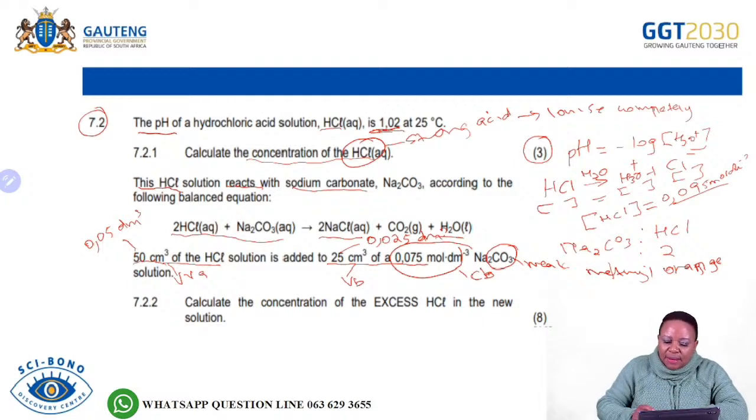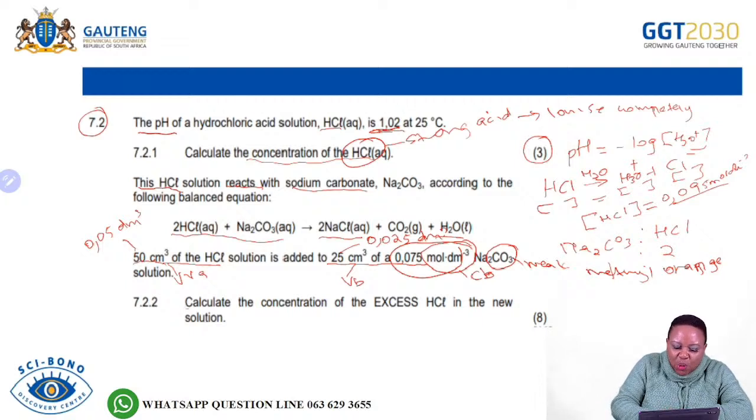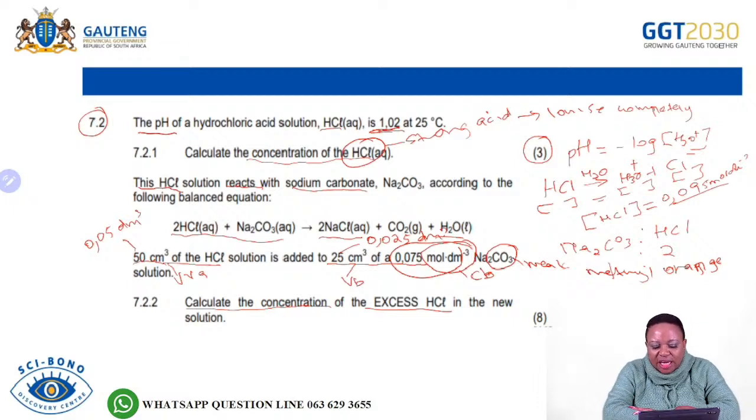The reason, remember, our concentration is given as mole per decimeter cube. Therefore, it means the volume that you are working with must also be in decimeter cube, so that we use the correlating units. The question now says, calculate the concentration of excess hydrochloric acid in the new solution. That is very important.